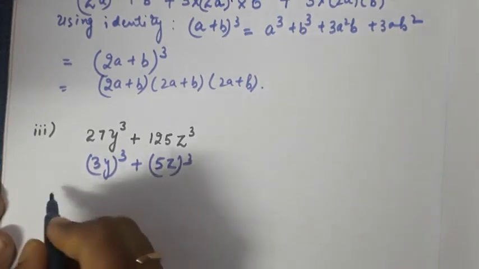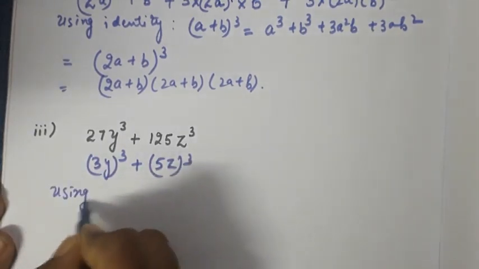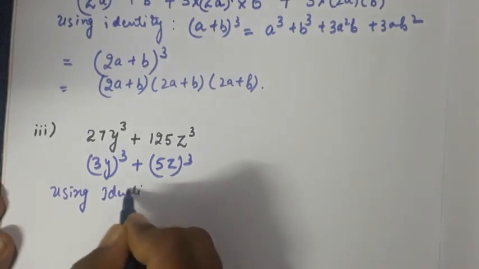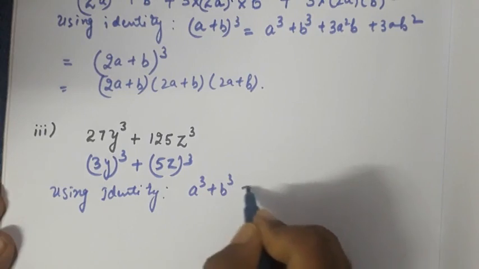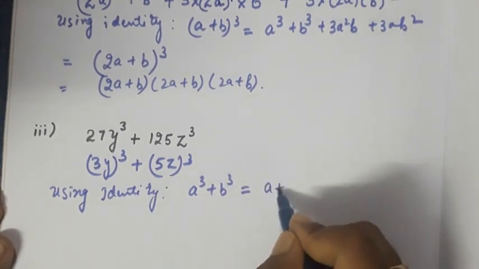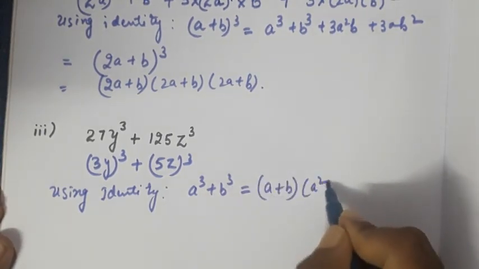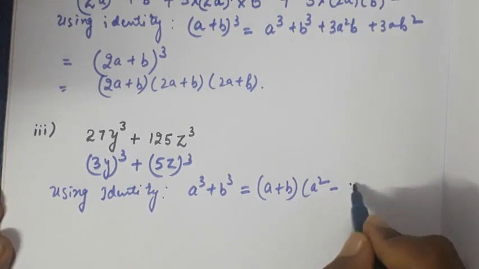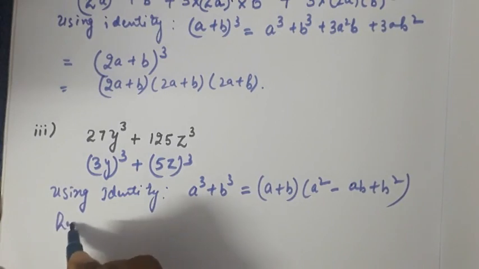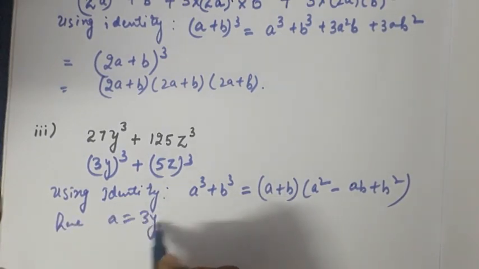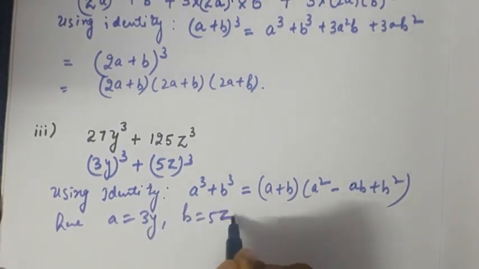Now I can use the identity that is a cube plus b cube, which is equal to a plus b, a square minus ab plus b square. Okay, here a is equal to 3y and b is equal to 5z.